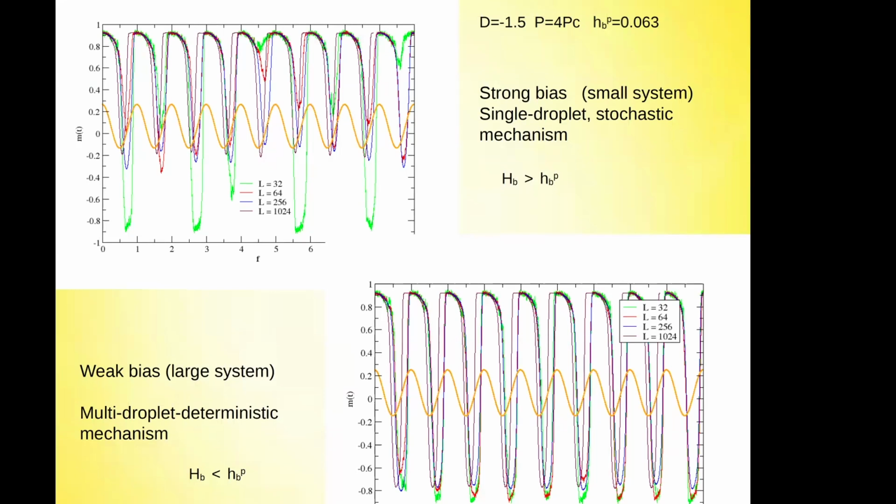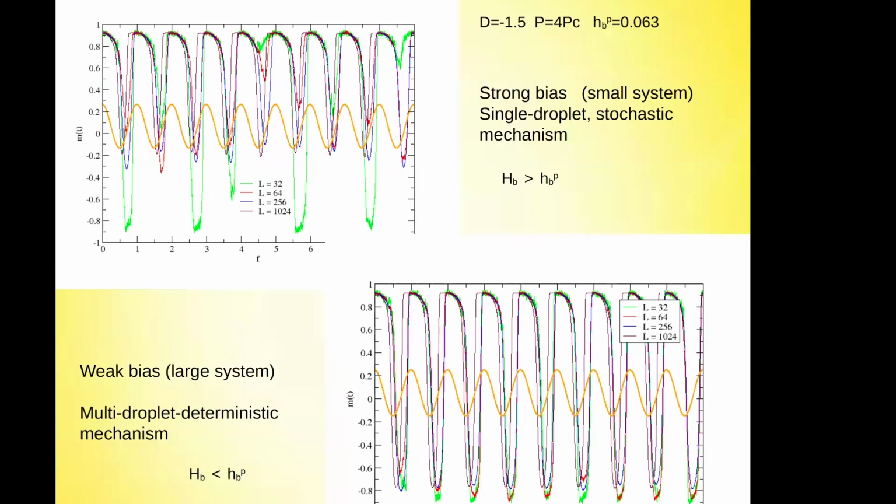As you increase the size of the system, the behavior becomes much more deterministic. And what happens with a weak bias? If the bias is weak, that means HB is less than the peak.